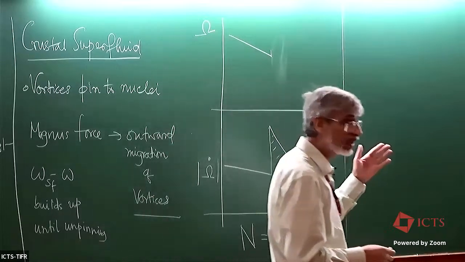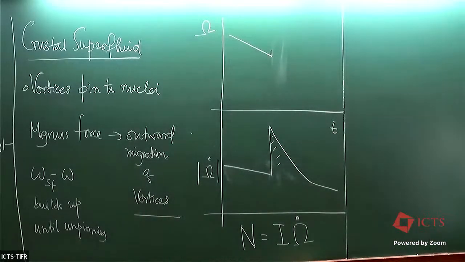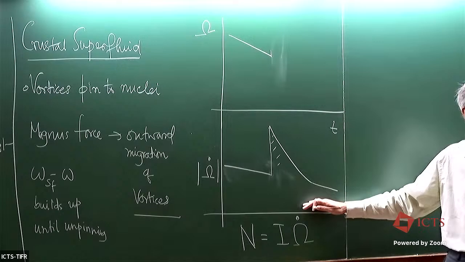Over time, gradually, these vortices will find new places where they can pin in nuclei. Gradually, more and more vortices will get pinned. All the vortices that moved eventually will find new pinning sites and get fully pinned. And then the full moment of inertia will get recoupled.